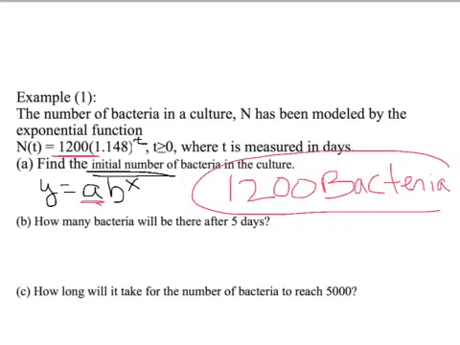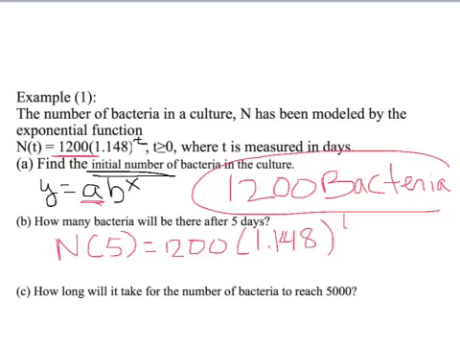How many bacteria will be there after 5 days? So this time we're going to find n of 5. So it's 1200 times 1.148 to the 5th power. Remember your order of operations, you want to make sure you raise 1.148 to the 5th power first.